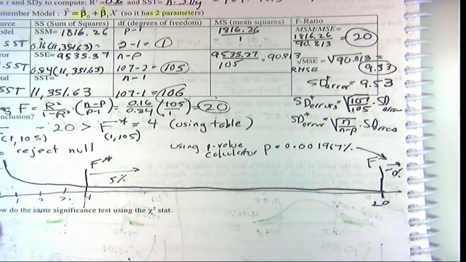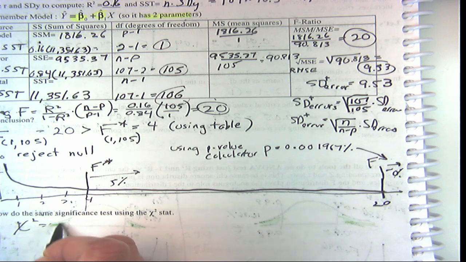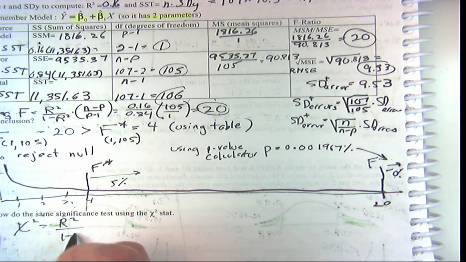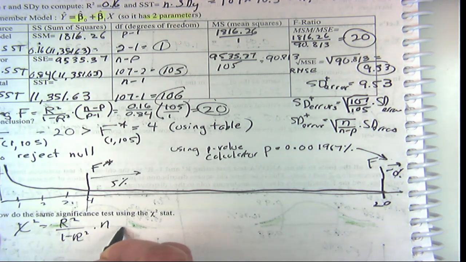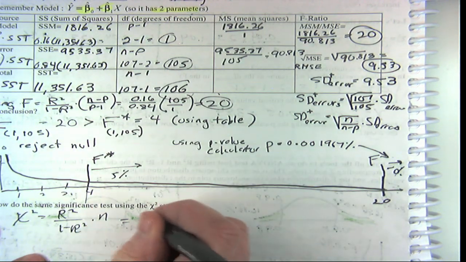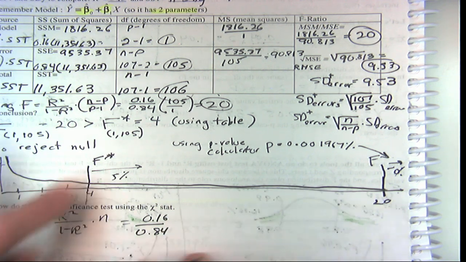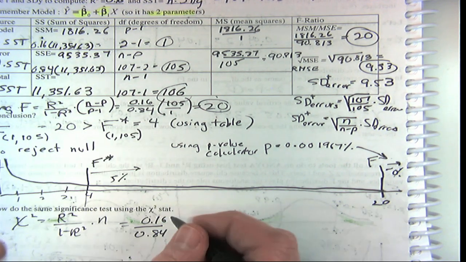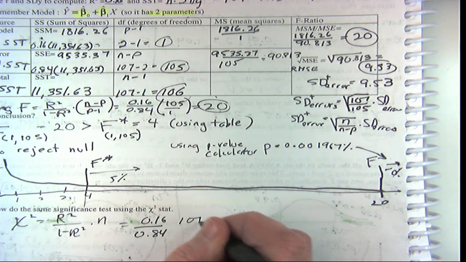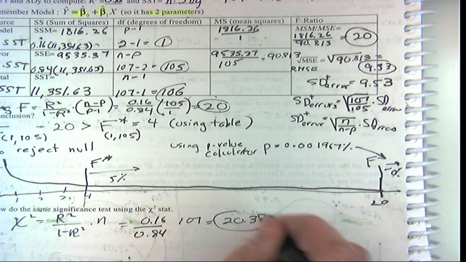All right, now let's do the same thing using chi-squared. How's chi-squared going to be different? We're going to say R squared over 1 minus R squared times n, and that's it. That's so easy. So 0.16 over 0.84, and instead of times 105, we're just going to times 107, and you get 20.38.